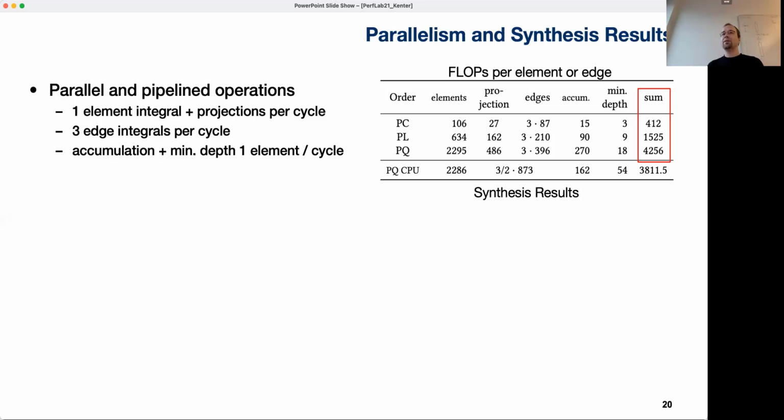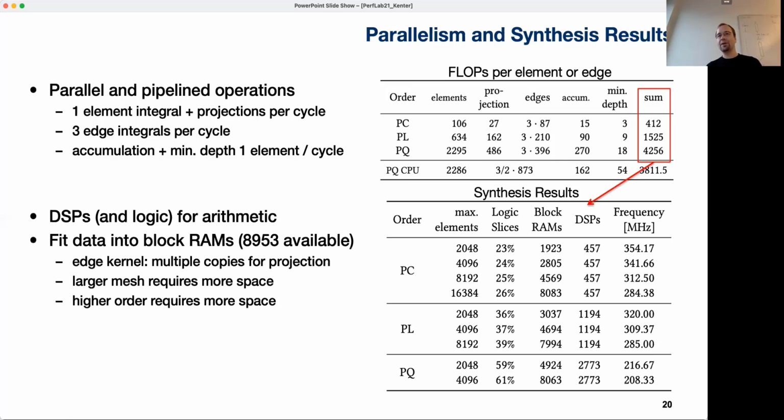And now, as I said, we try to map all these arithmetic operations to the DSP resources of the design, and our synthesis results with the final resource consumption on the FPGA actually confirm that. So the 412 floating point operations in the piecewise constant design map to 457. So there's some overhead DSPs in the final design.